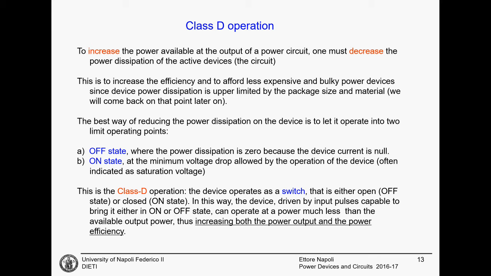But since the power circuits that we have seen till now, Class A and Class B, are mostly done with active devices, the best way to increase the available power at the output is to decrease the power dissipation that we have on the active devices.